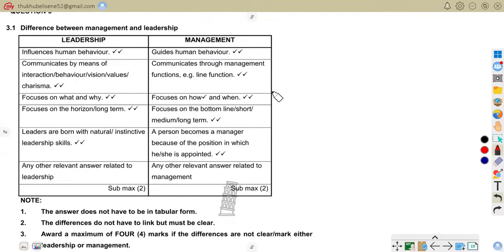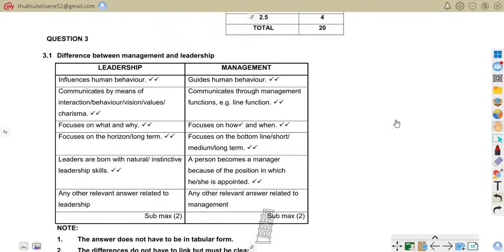So here are our answers for 3.1. Difference between management and leadership. So it says leadership influences human behavior. Leaders inspire and motivate.